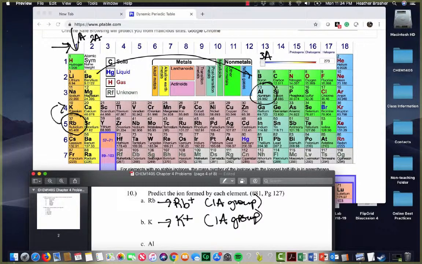It's 13, but that 3 is there. So because he's in this 3A group, he is most likely going to lose the 3 electrons that are there. And so he will become what's known as Al3+. And that's because he's in the 3A group.